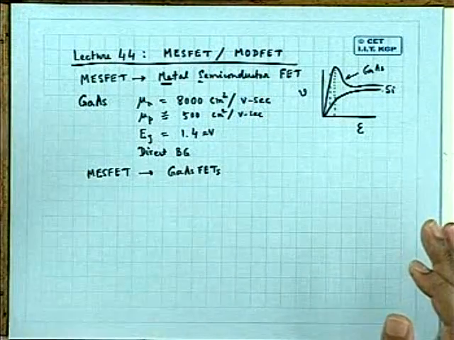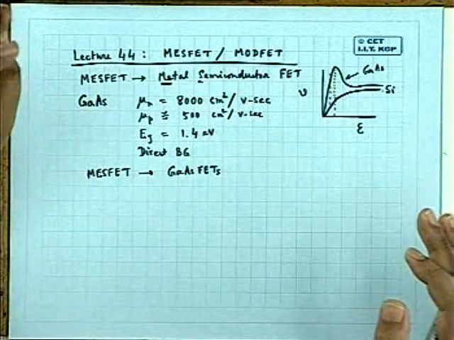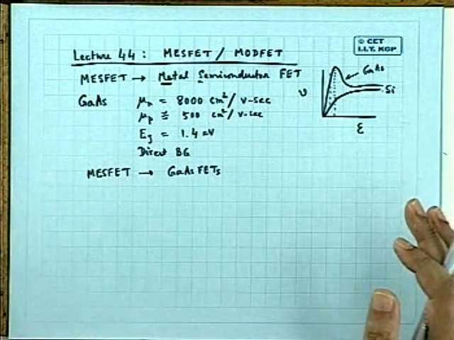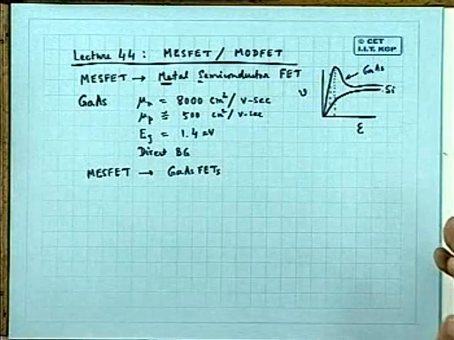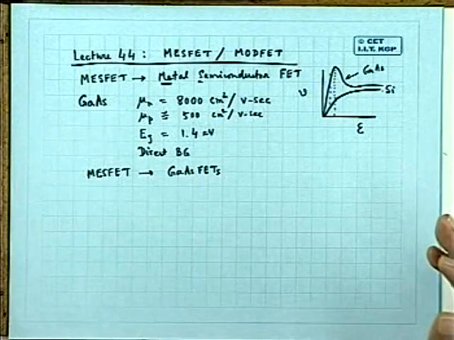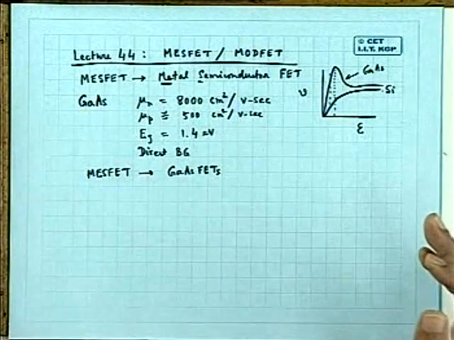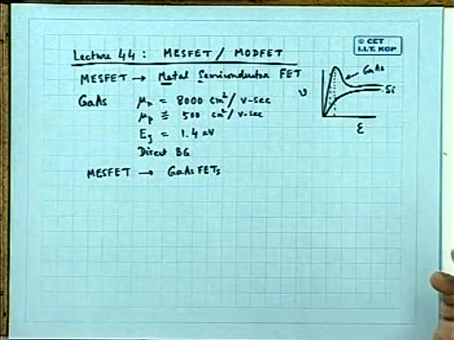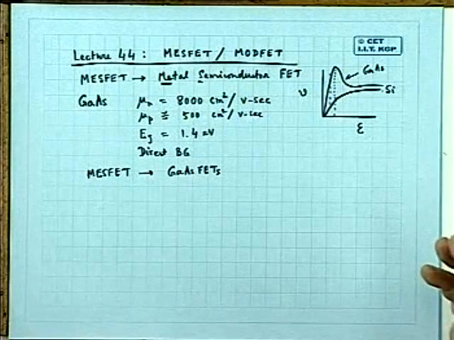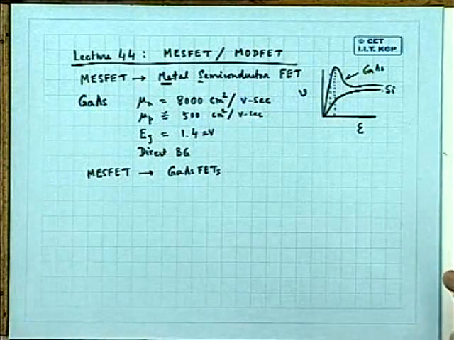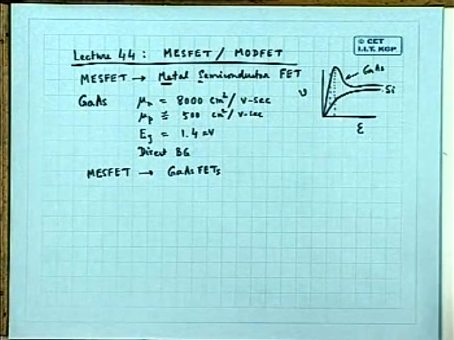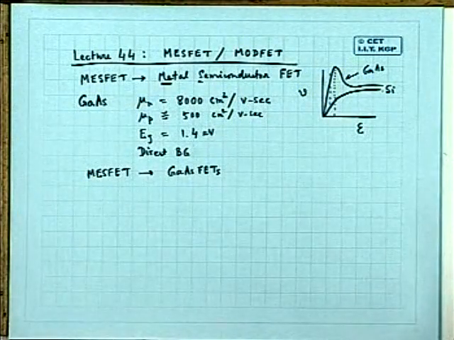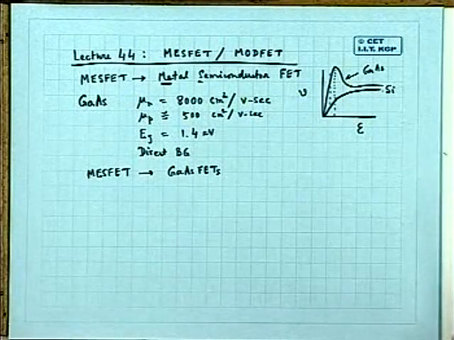Gallium arsenide BJTs, gallium arsenide HBTs, gallium arsenide MESFETs, and other gallium arsenide devices like solar cells, CCDs, detectors, lasers, and other kinds of devices which are so important.